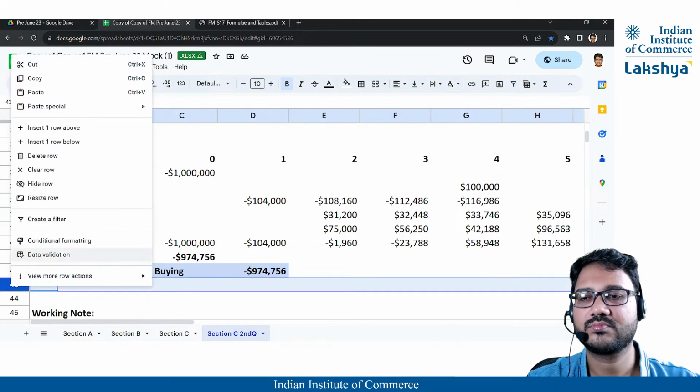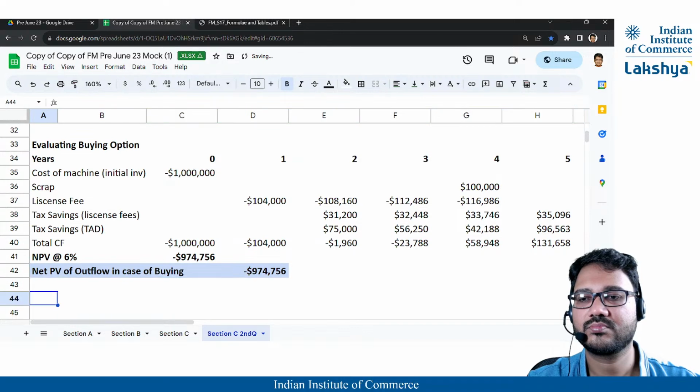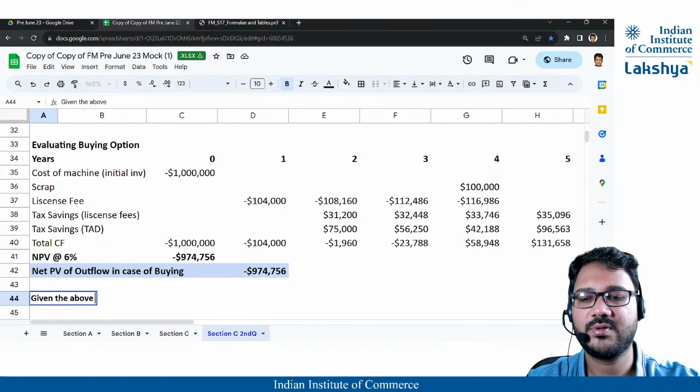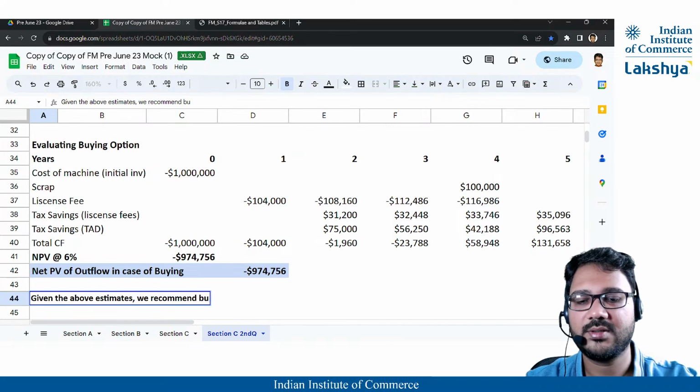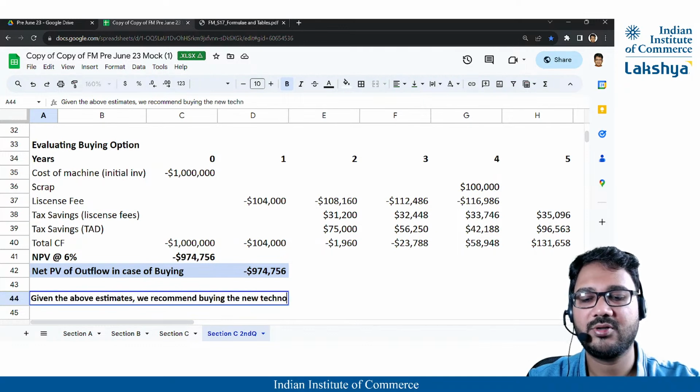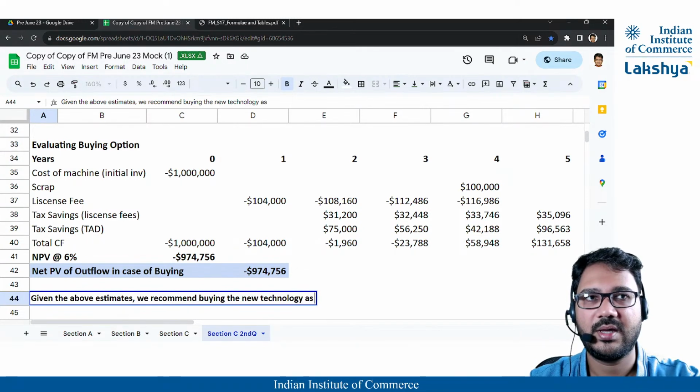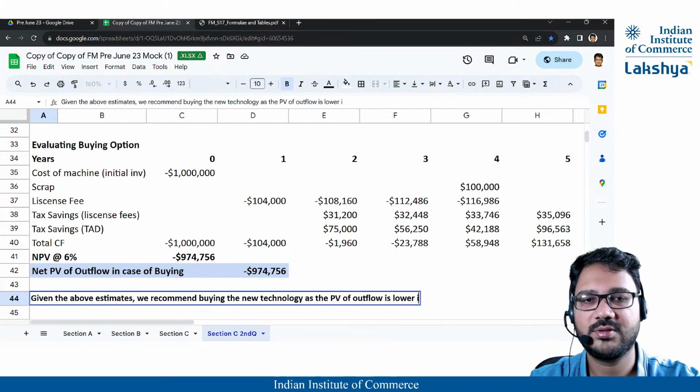So, given the above estimates, we recommend buying the new technology as the present value of outflow is lower.